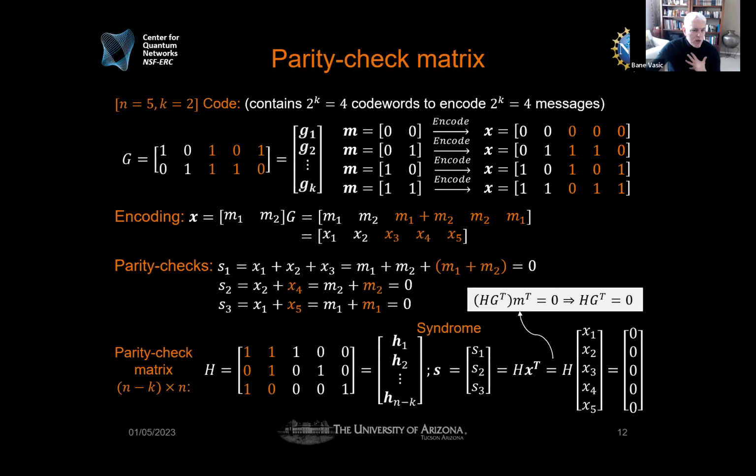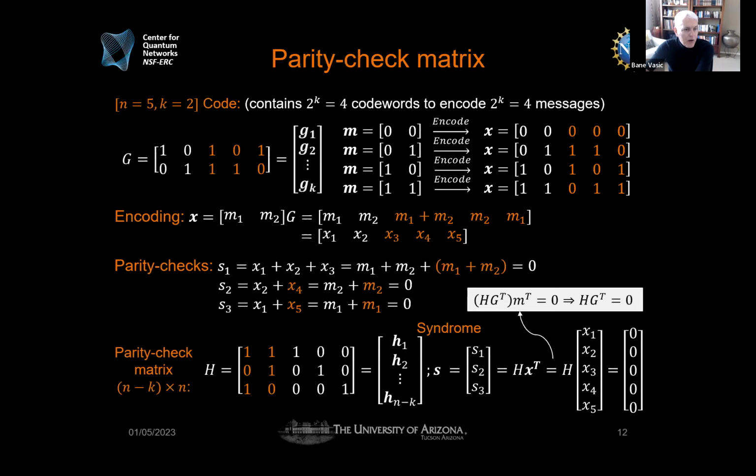As I said, the first and second bits are message bits, and the other 3 bits are dependent on these message bits and can be written as linear combinations of these. So we can write expressions for these bits, and I can create 3.